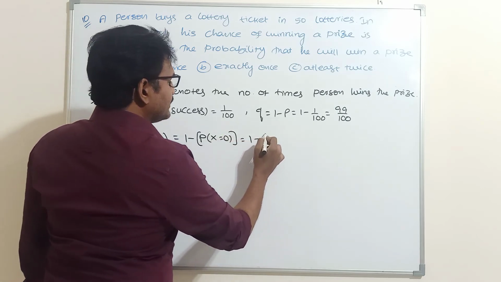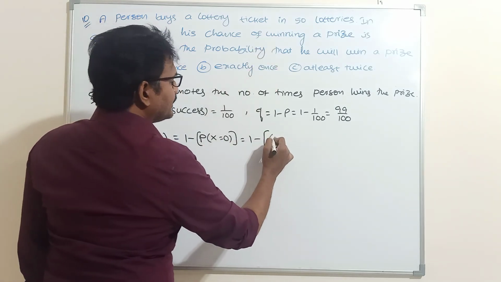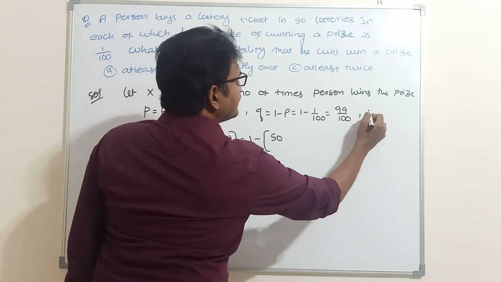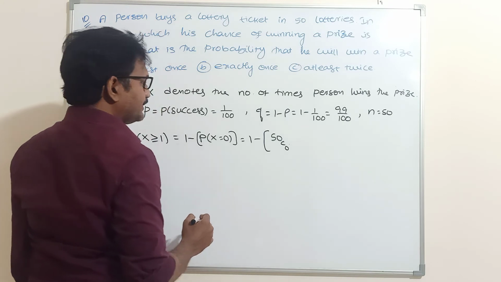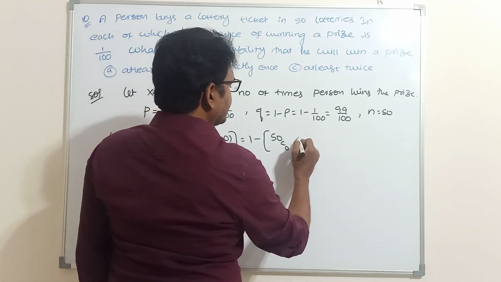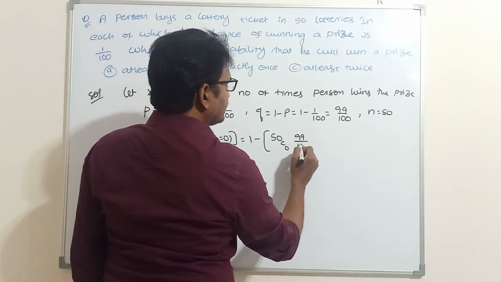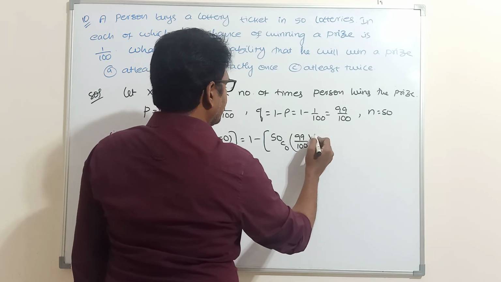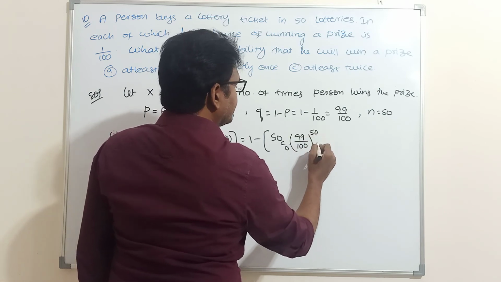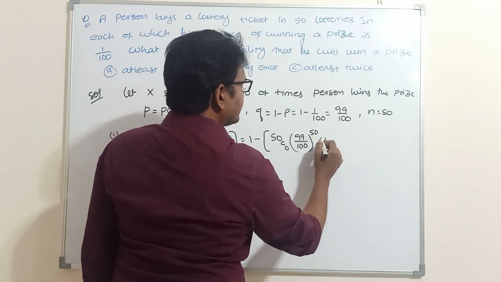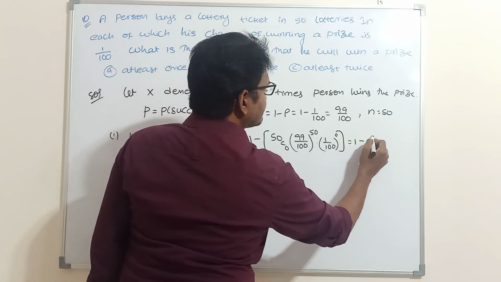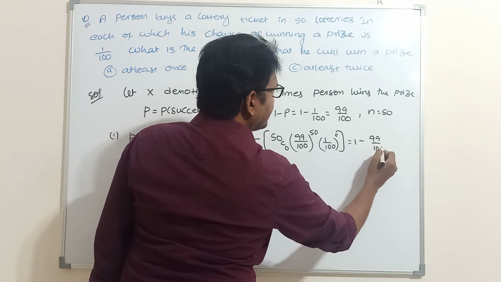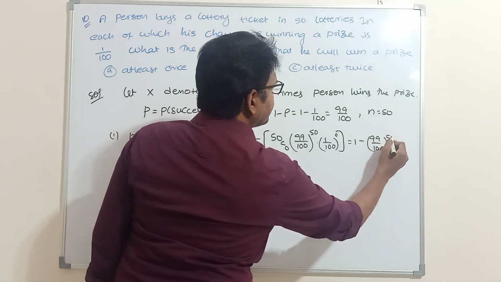N is 50. So 50C0 into 99 by 100 whole power 50 into 1 by 100 whole power 0. So this is equal to 1 minus 99 by 100 whole power 50.